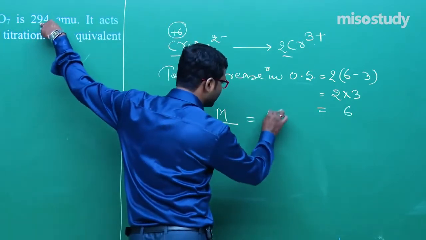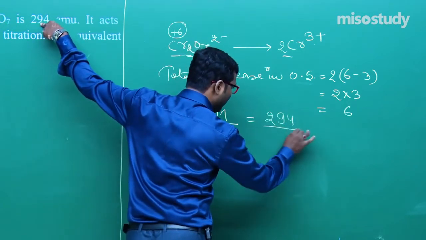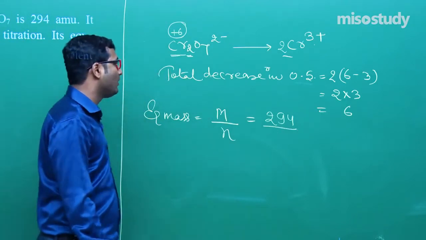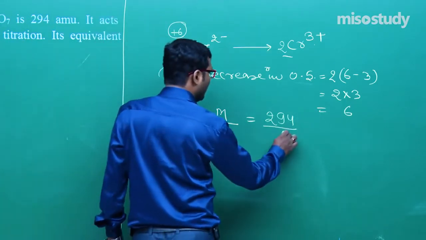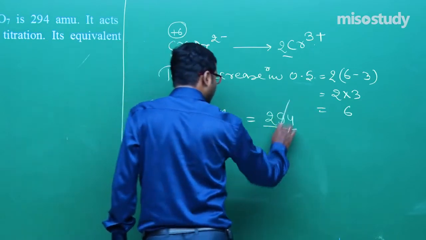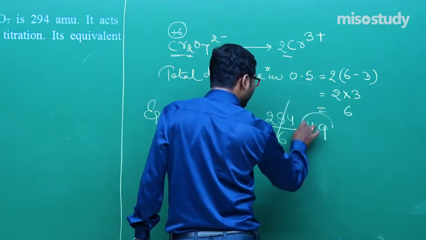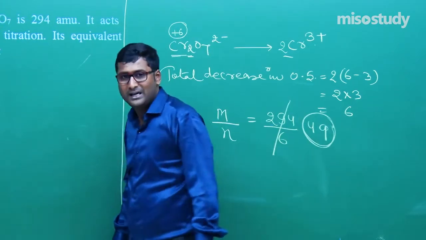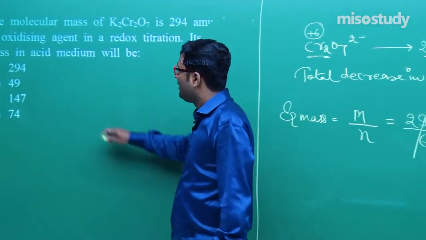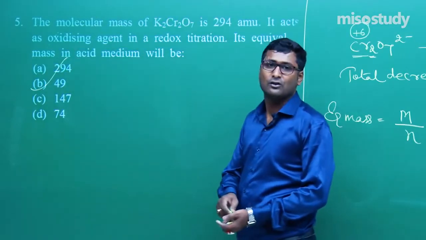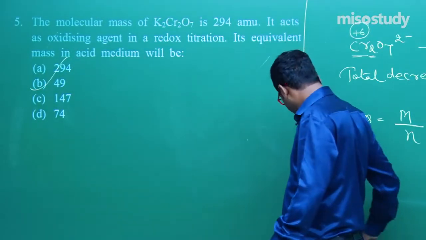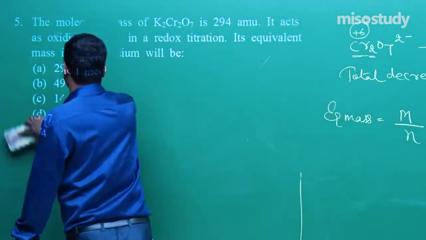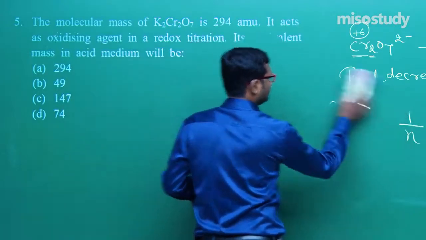The molecular mass is given, so 294, and n is equal to the total decrease in oxidation state, which is 6. After dividing, what do we get? The value is around 49. So for this question, we can easily predict that B is the correct option. Clear? Now friend, I am going to rub this part. Wait for a moment and we'll discuss the next one.